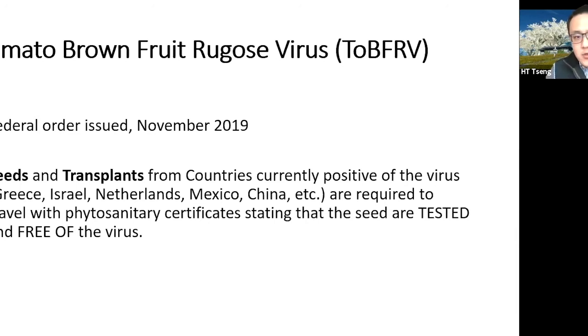All the seeds or transplants that come into the United States are required to travel with a phytosanitary certificate stating that the seeds are free of the virus. So even if you grow tomato in your greenhouse, you may acquire the plants from a local source, it is a good idea to ask them where they originated from.